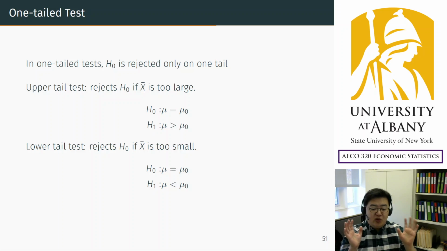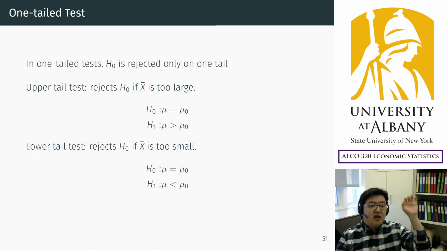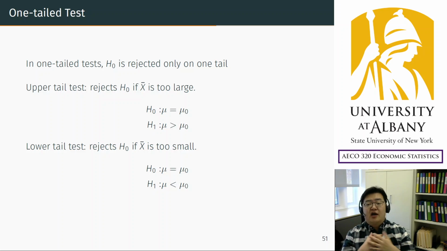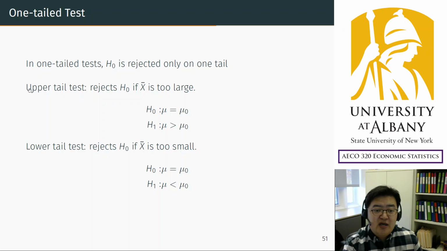The idea is simple. We are going to reject only on one tail. It could be the upper tail or the lower tail. It depends on the context and on the hypothesis you would like to test. So the idea is simple.